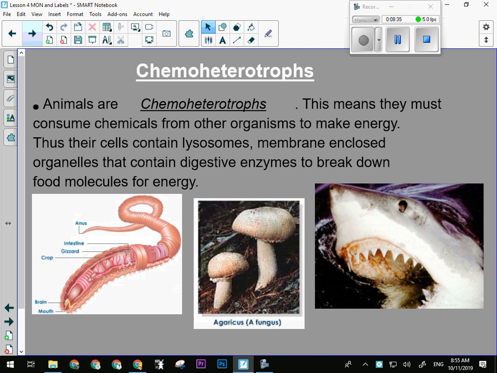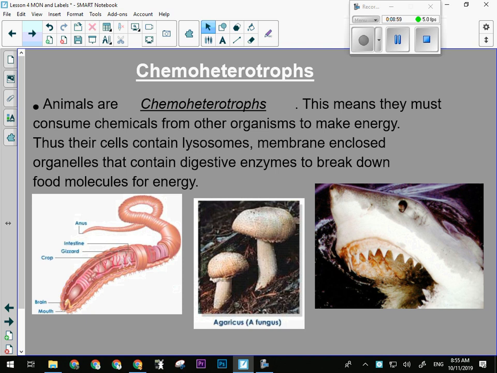They have to consume chemicals from other organisms to make energy. That can be any type of thing. They could even be decomposer animals like earthworms. They're still getting their energy from other organisms; those organisms just aren't something they have to kill. They just eat the partially decomposed material in the ground, the dirt.